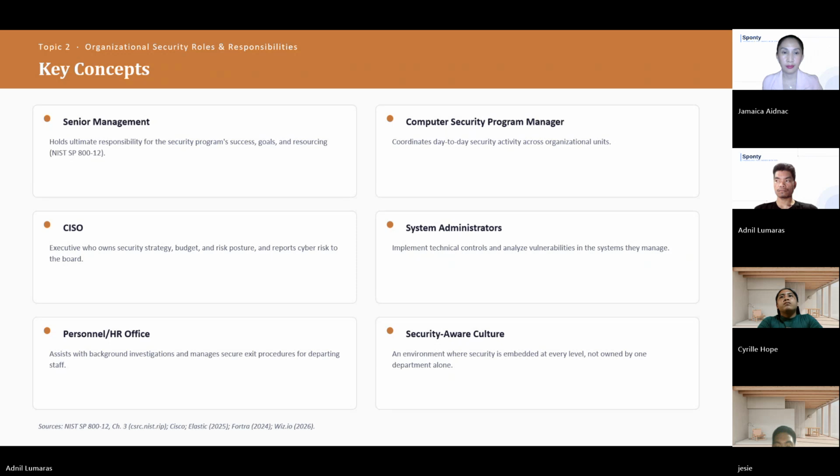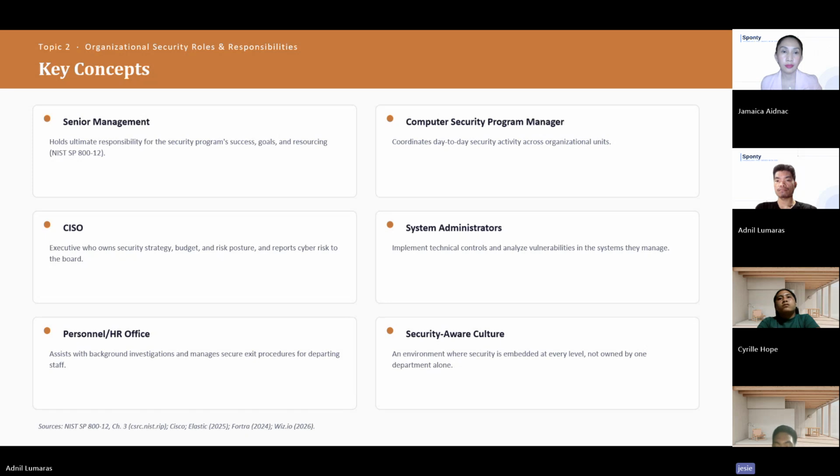On the strategy side, CISOs define the organization's risk appetite, set security policy direction, and decide which framework, like ISO 27001 or a CIS benchmark, the organization will align to.